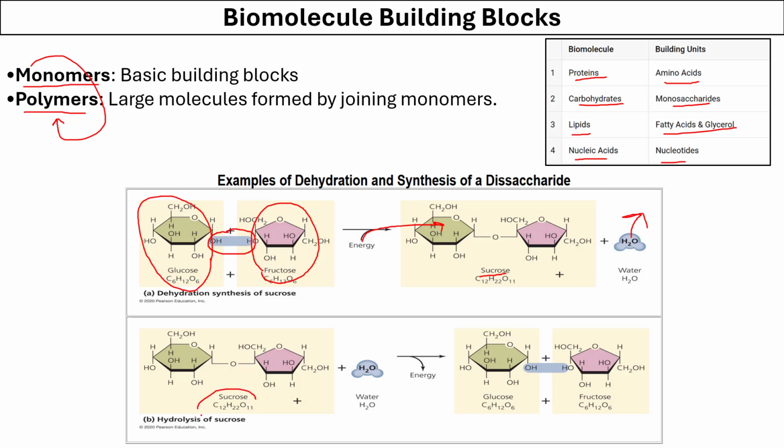A molecule of sucrose then undergoes hydrolysis by addition of a water molecule, which breaks this bond and puts OH on one side and H on the other side and separates out glucose and fructose.